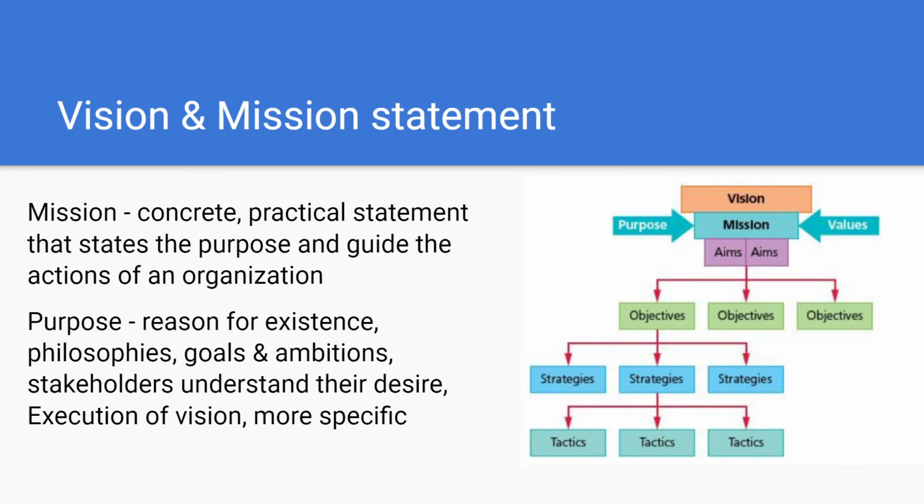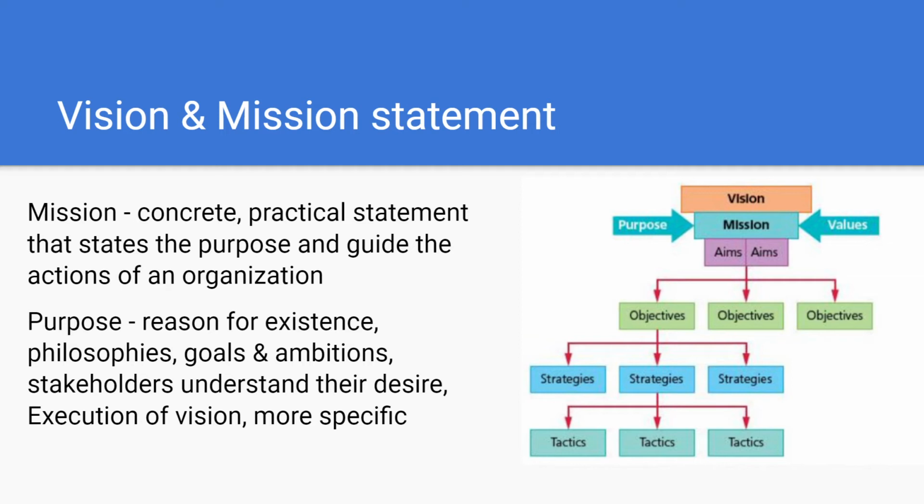The mission statement, on the other hand, is a more concrete, practical statement that states the purpose and guides the actions of an organization. The purpose of a mission statement is to give a reason for the existence of the organization, as we will see in the example on the next slide.